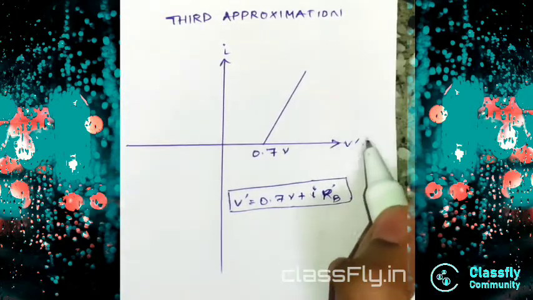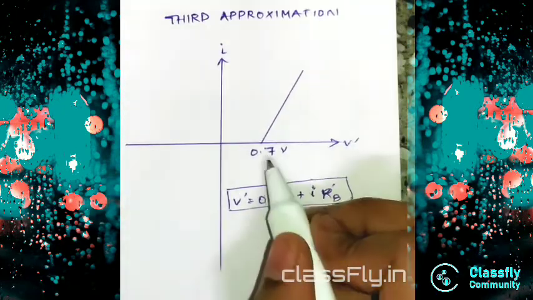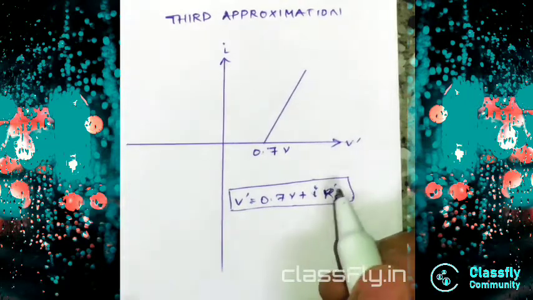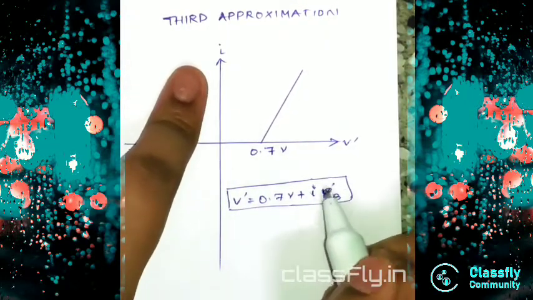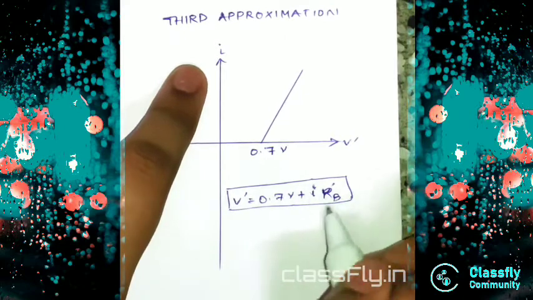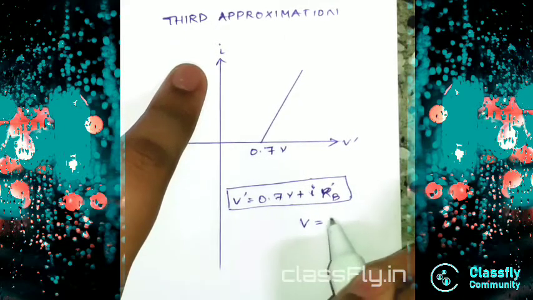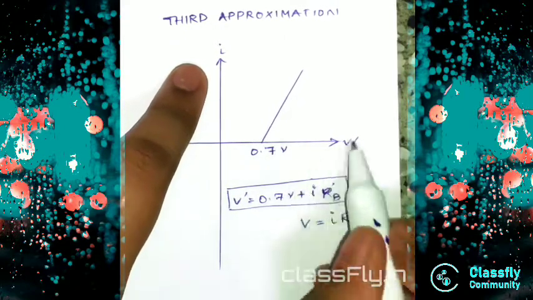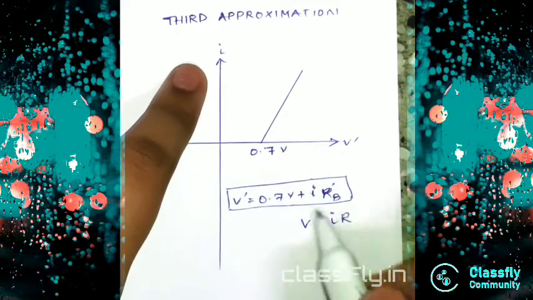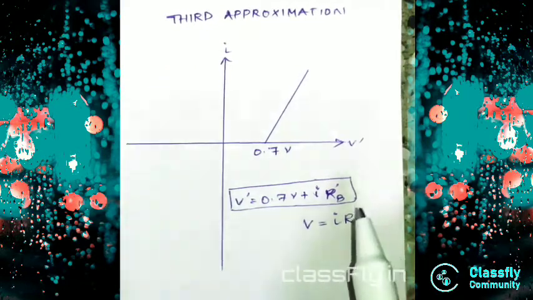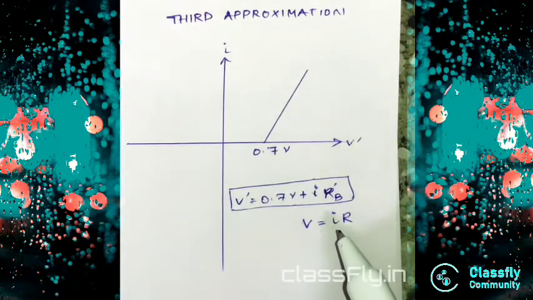So here the voltage V will be 0.7 volts plus the current times the internal resistance. Why is it so? Because we know that V is equal to IR. So this voltage plus this one. Okay, so this is the third approximation.